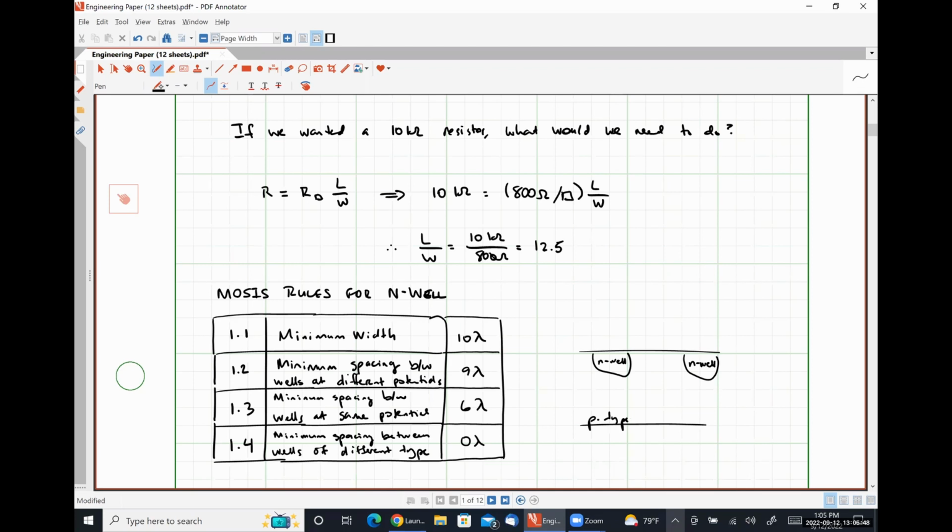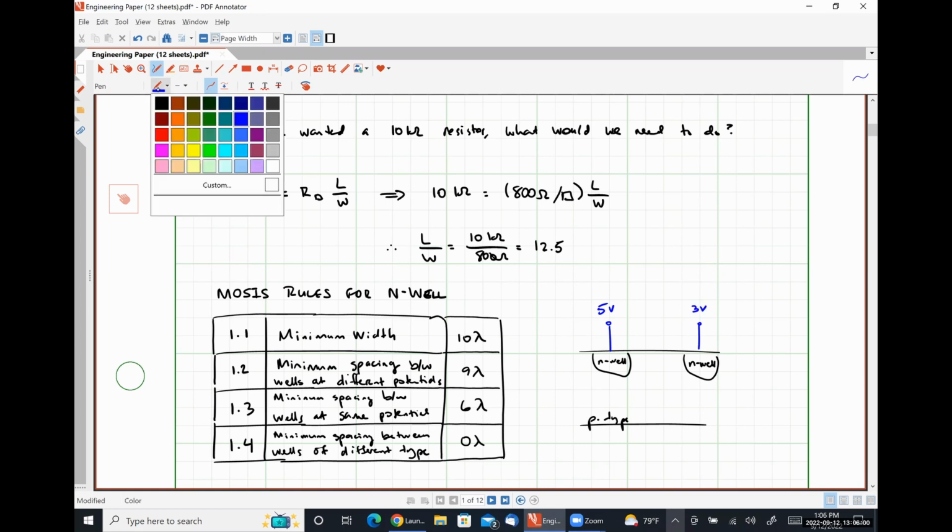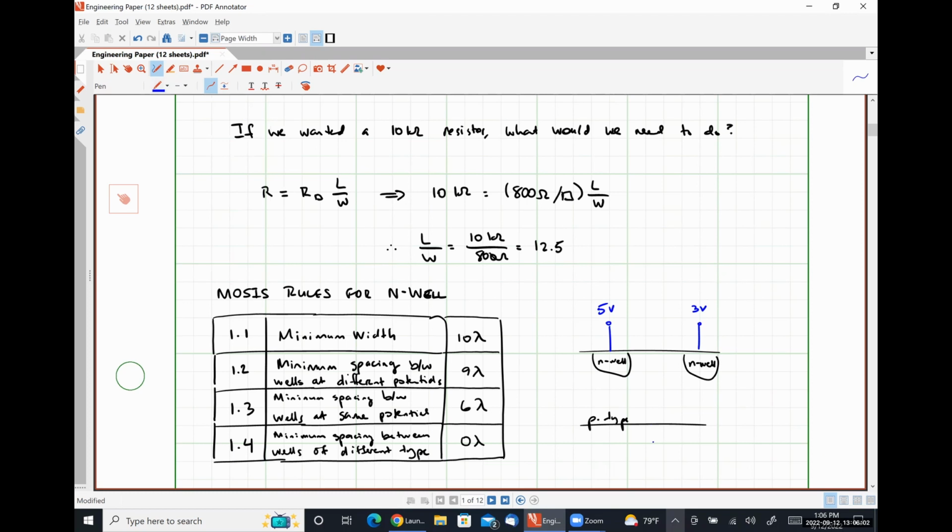And just for the heck of it, let's say that this is 5 volts, this is at 3 volts, and my substrate is at ground. What have I made, potentially?